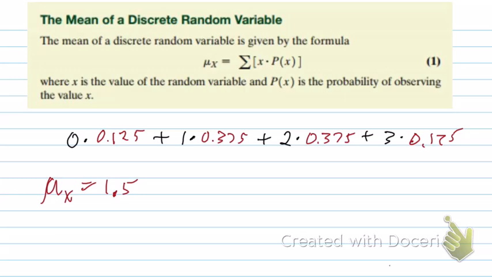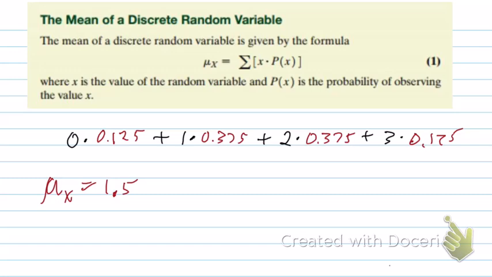What does that, no pun intended, what does that mean? It means if I did this over and over and over again, thousands of times, and then divided how many heads I got by how many times I did it, the average would come out to be 1.5.